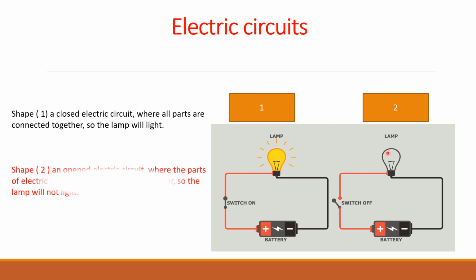But in the shape number 2, an opened electric circuit where all the parts of the electric circuit are not connected together, so the lamp will not light. So when the electric circuit is closed, the lamp will light, and when the electric circuit is open, the lamp will not light.